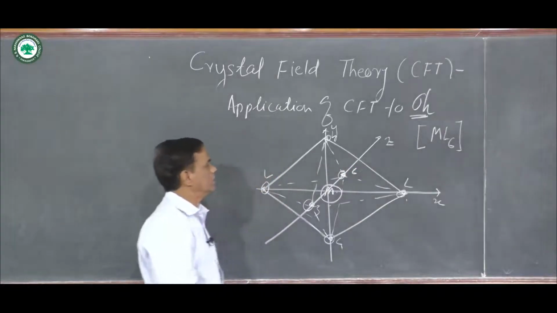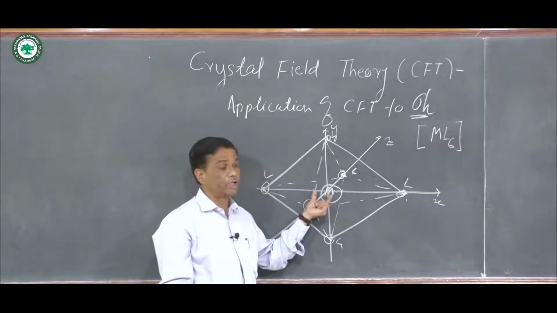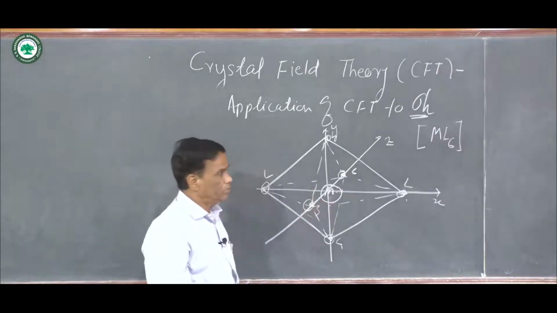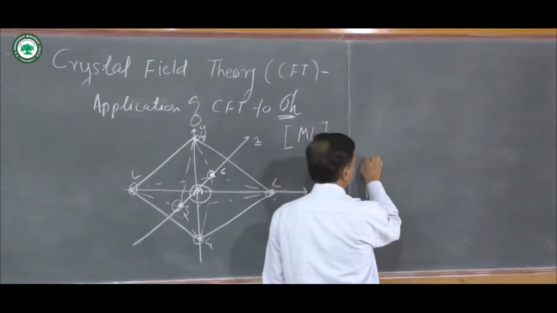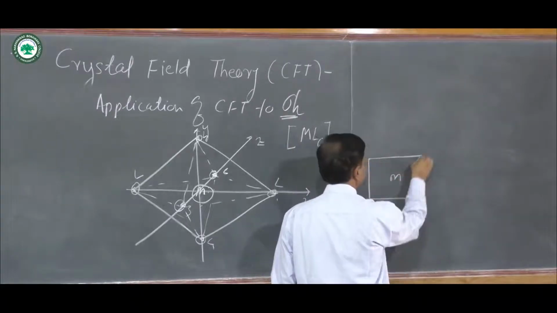All these are the six ligands. These six ligands are at the regular apices or corners of the octahedron. You know the octahedral structure is represented here. The metal is at the center position.